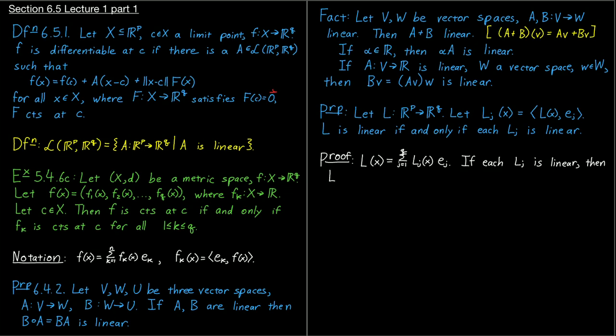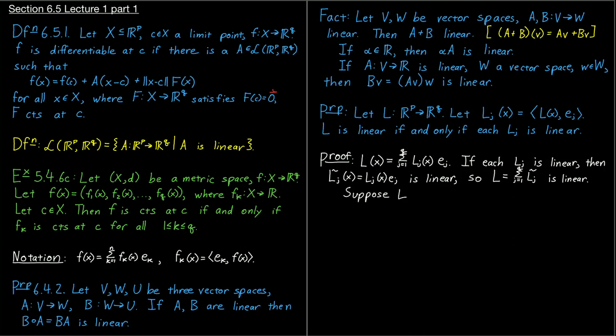Then Lj twiddle of x, that's Lj of x times ej, is linear. Adding two linear functions gives you a linear function. So L, which is the sum of the Lj twiddles, is linear. So that is the if direction. Now let's see the only if direction.